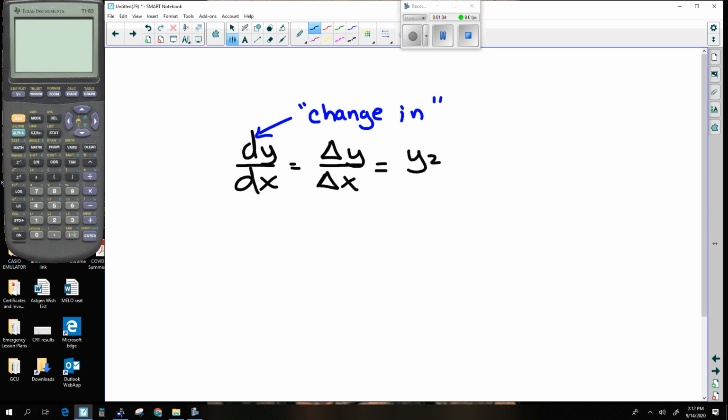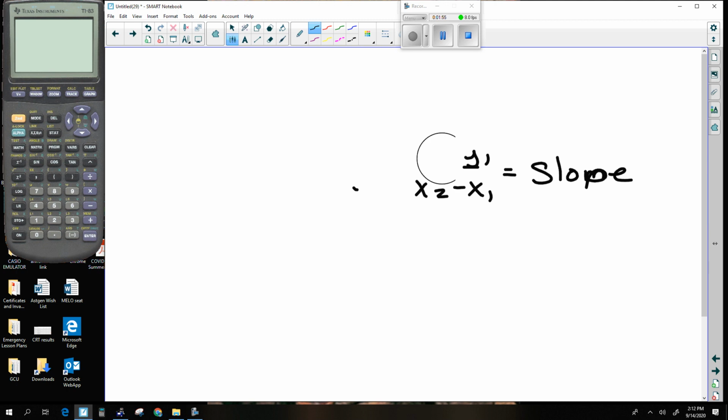That is, in essence, a slope. It's a change in y over change in x. So think of the letter D as being the words "change in."